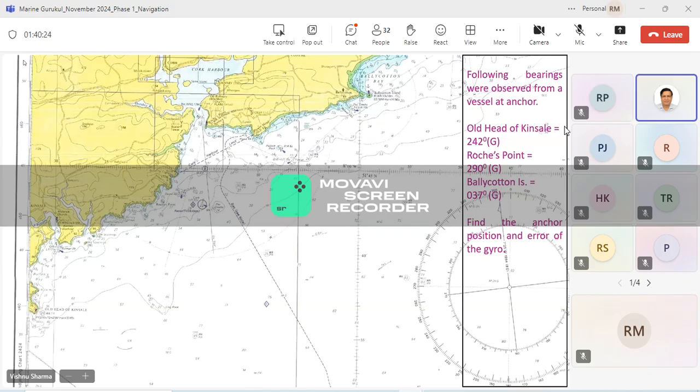Now guys, we have 3 points. Let us say I call them A, B, C, just for the sake of easy discussion. One pair, that means 2 objects, will give you 1 horizontal angle. And 1 horizontal angle gives you 1 position circle. So in 3 objects, there can be 3 pairs: AB, BC, and AC.